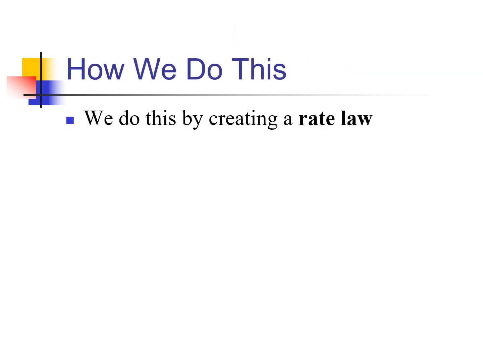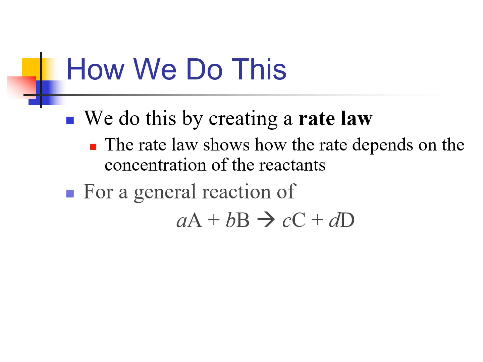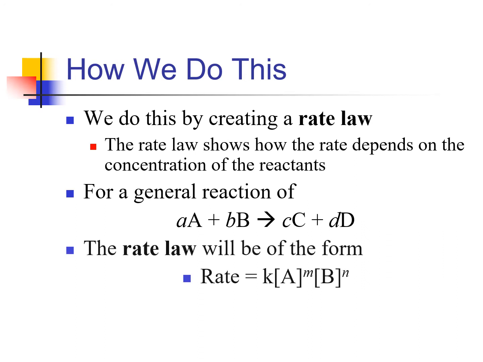So how do we do this? We do this by creating a rate law. And a rate law, again, shows how the rate of the reaction depends upon the concentration of the reactant. So again, that initial concentration piece. So if you have a general reaction that looks like this, the uppercase letters would be some chemical, the lowercase letters would be your coefficients.